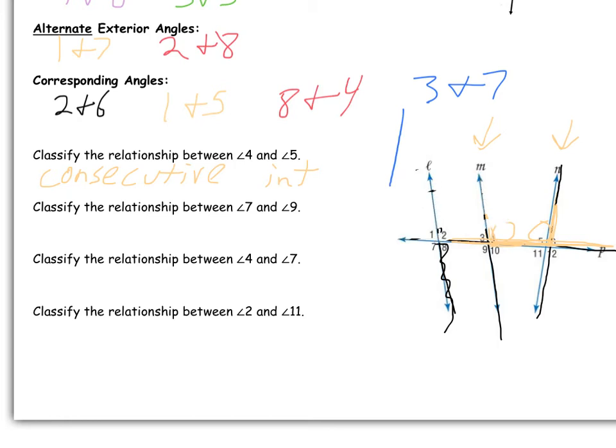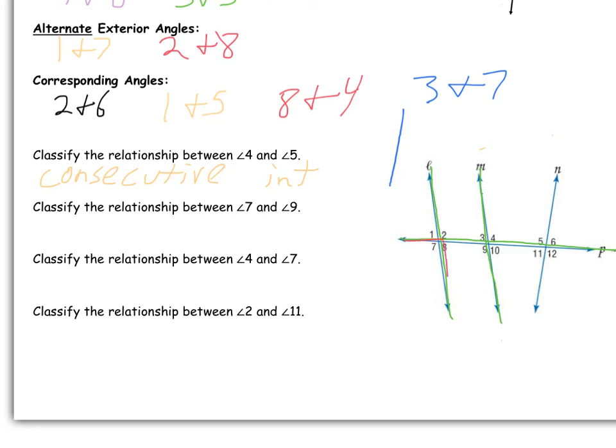Okay, now looking at 7 and 9. Again, we're only going to be looking at the lines involved in this situation. For instance, we've got our transversal, and 7 and 9 dealing with these 2 lines.